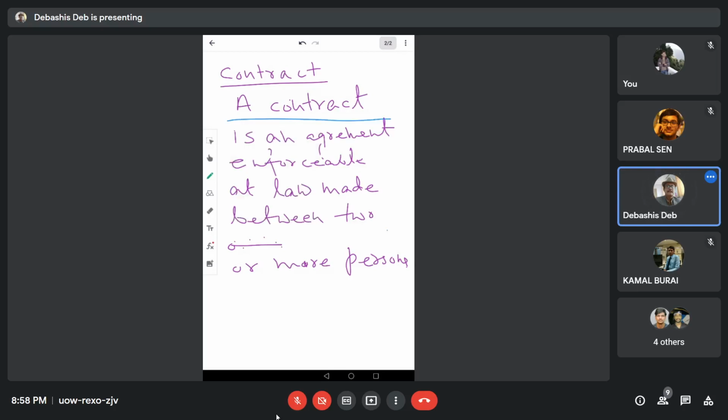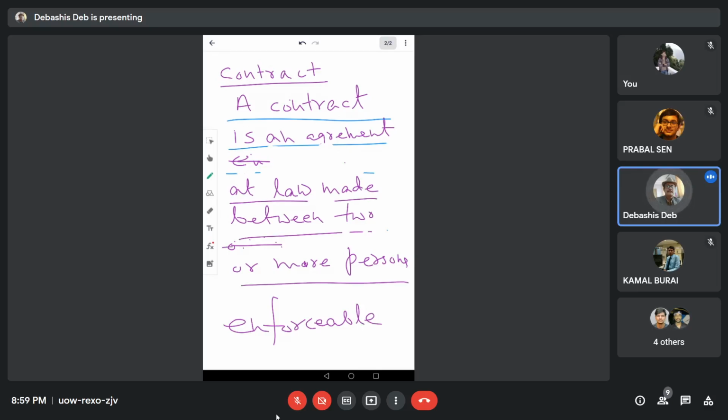A contract is an agreement enforceable at law, made between two or more persons. Let me write it again. Enforceable means it can be enforced. Enforceable at law, made between two or more persons.